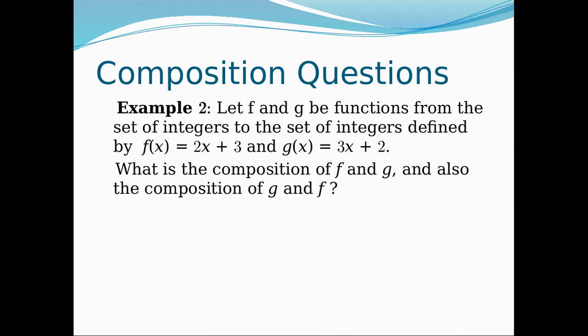Similarly here you can easily do it again, we have already done it. So what would we do? f of g, we would put this here and this would be 3 into 2x plus 3 plus 2.